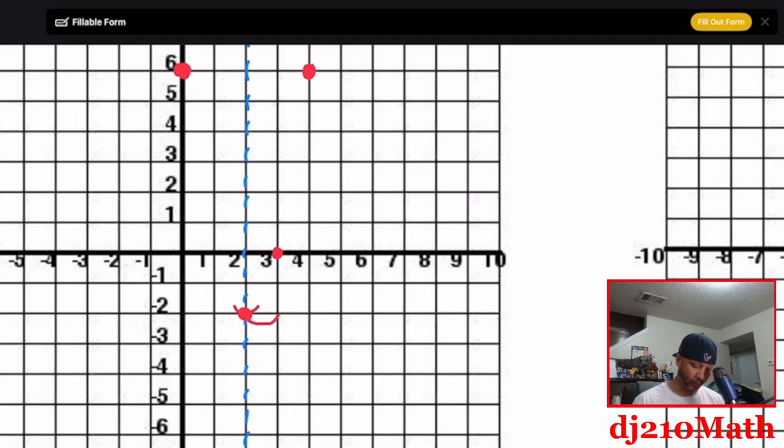Let's say we went over 2 spots from the vertex, which is on the axis of symmetry. Because I went over 2 lines, we square 2, which is 4. 4 times 2 is 8. This red dot should be 8 units up: 1, 2, 3, 4, 5, 6, 7, 8.